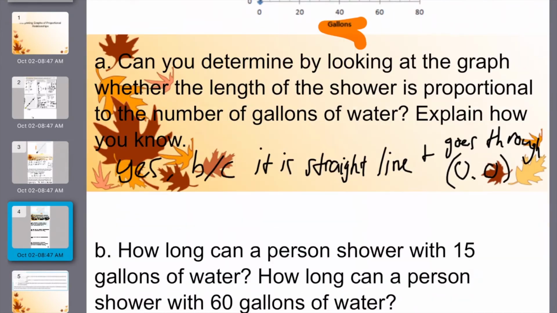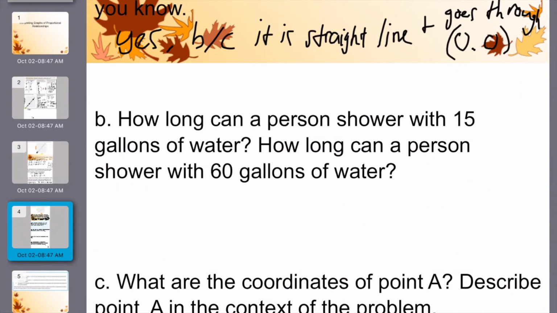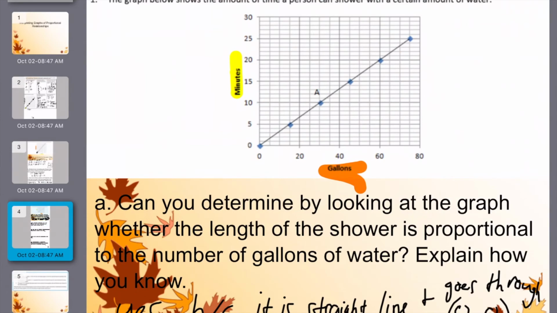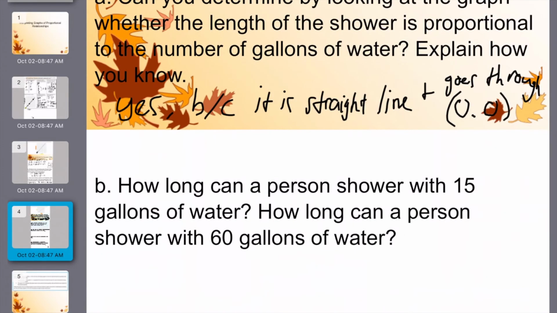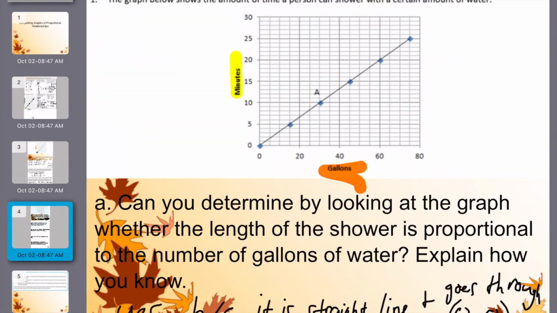Next question. How long can a person shower with 15 gallons of water? And how long can a person shower with 60 gallons of water? So let's see here. Let's see if they answer that in our graph. So with 15 gallons of water, let's see what our scale is. A scale is how much we count by. So it seems like we're counting by fives.